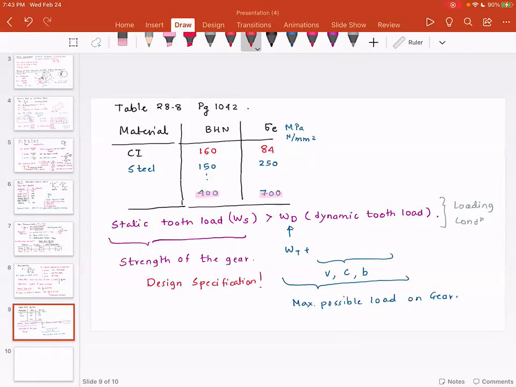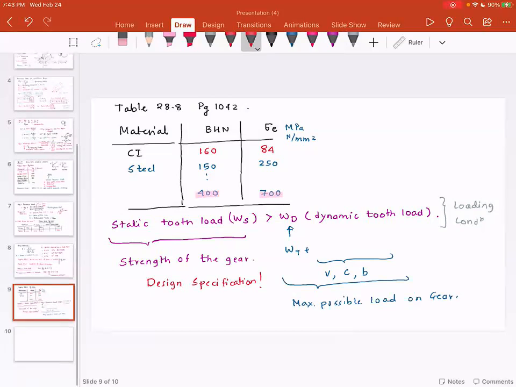So I can adjust my design specifications in such a way that my gear can meet all the possible loading conditions that could exist in that power transmission. So this is a condition that must be checked.